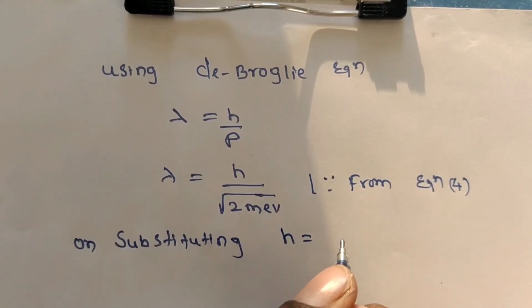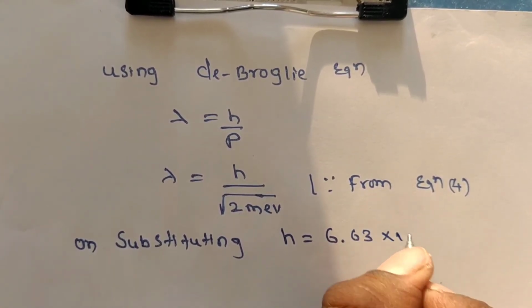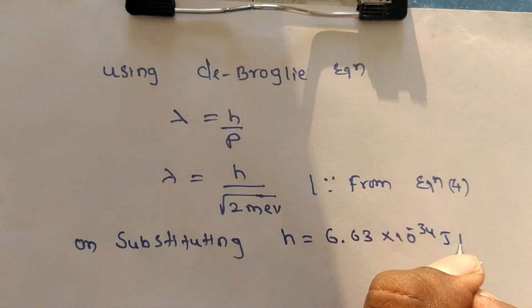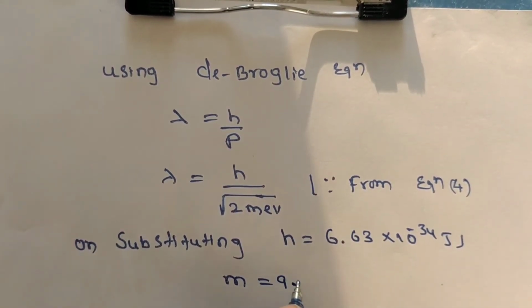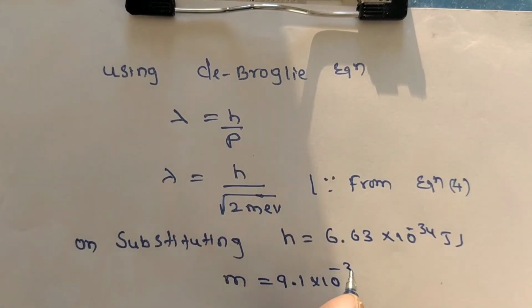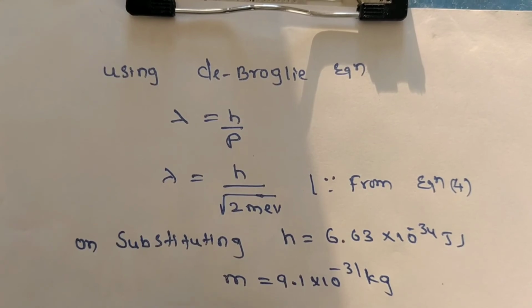h is Planck's constant, 6.63 into 10 to the power of minus 34 joule second. Mass of electron is 9.1 into 10 to the power of minus 31 kg. Electron charge is 1.6 into 10 to the power of minus 19 coulomb.